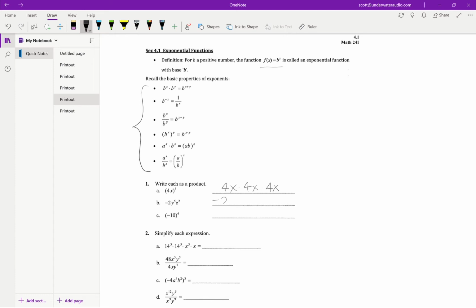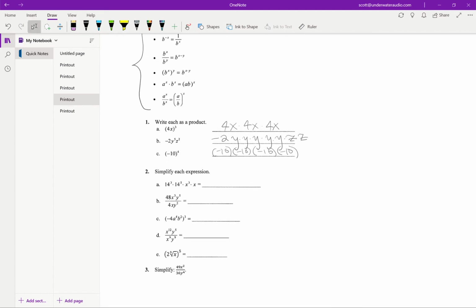So negative 2y times y times y times y times y, and then times z times z. Negative 10 to the fourth is just negative 10 times negative 10 times negative 10 times negative 10.